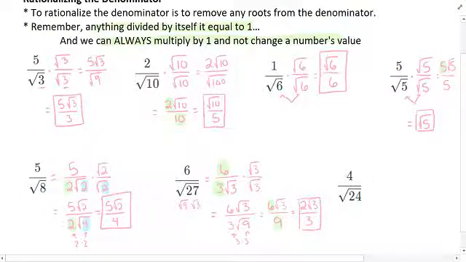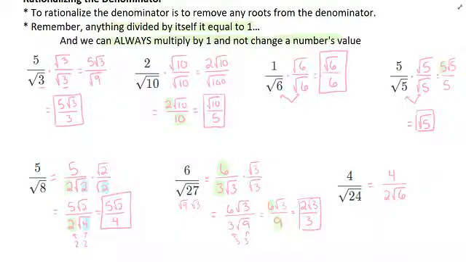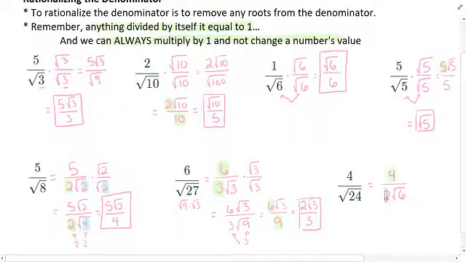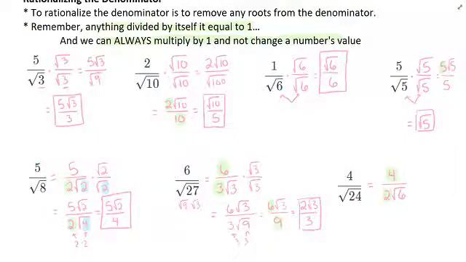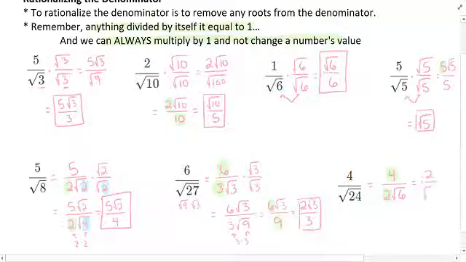All right, last one. The square root of 24 can be simplified into 2 root 6. And this time I'm going to go ahead and simplify my two numbers here. 4 over 2 simplifies to 2 over the square root of 6. Now, I still need to rationalize this.